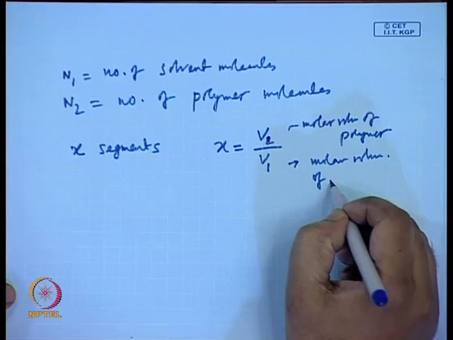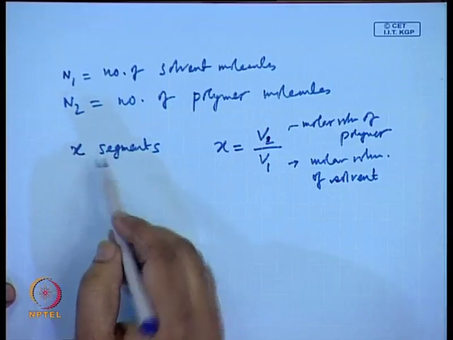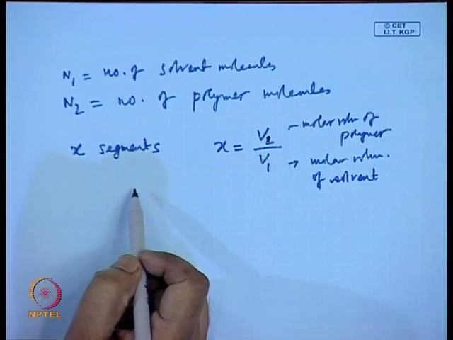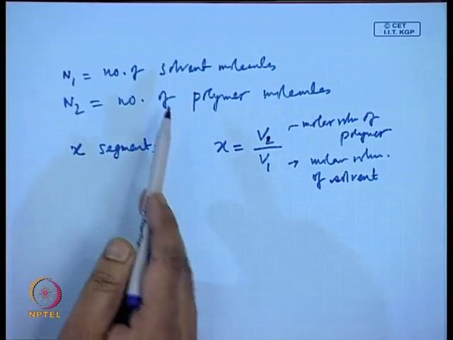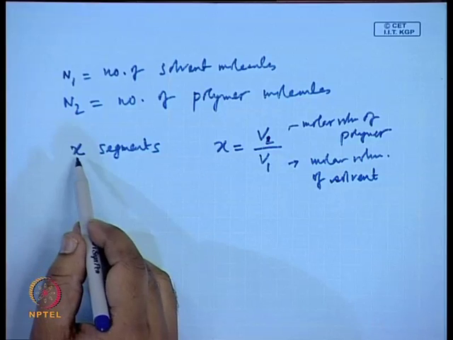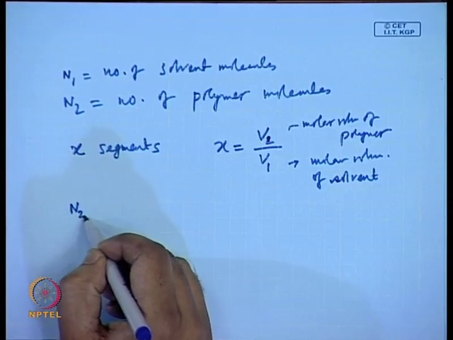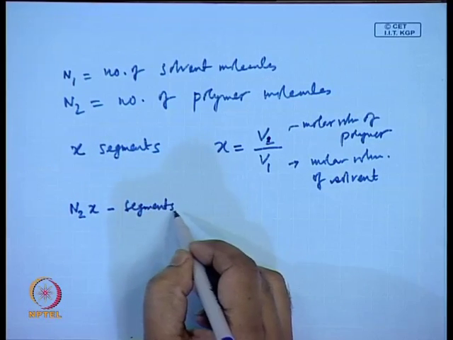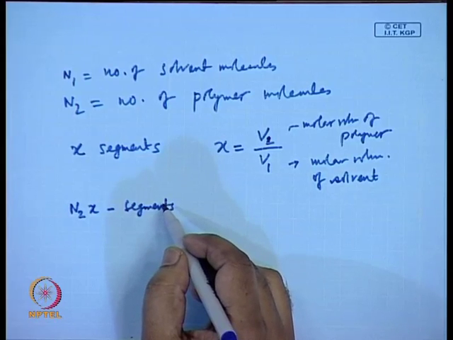molar volume of solvent. So, we are dividing a single polymer chain into x segments, where the size of each segment is the same as the solvent molecules. So, each polymer molecule has x segments, and N2 polymer molecules have N2 times x segments. These are the total number of polymer segments in the mixture.